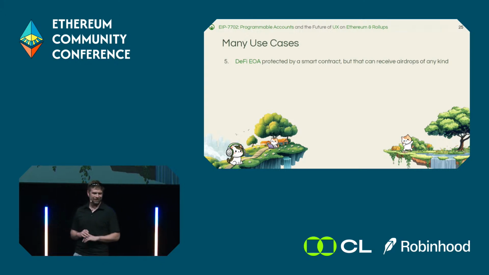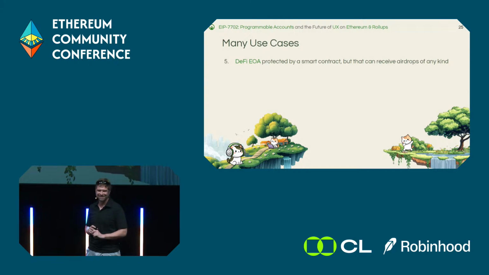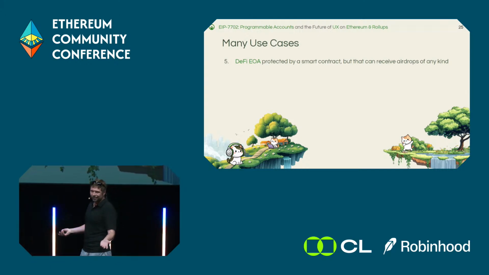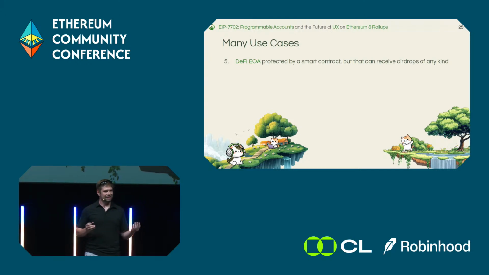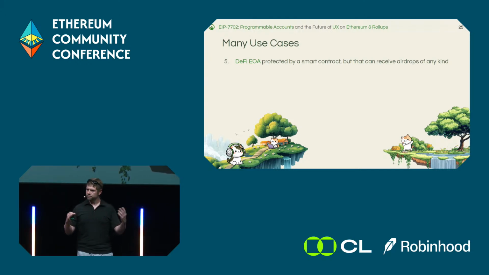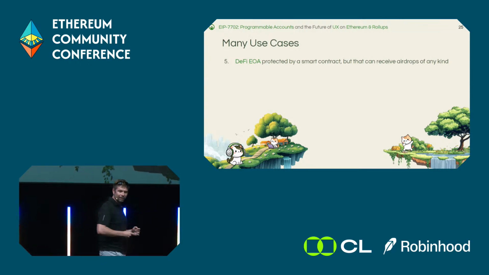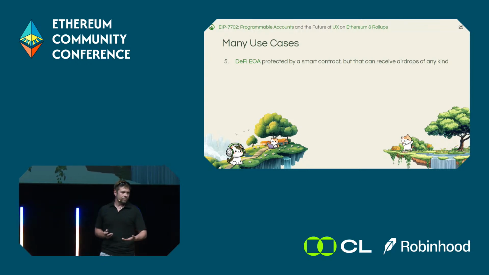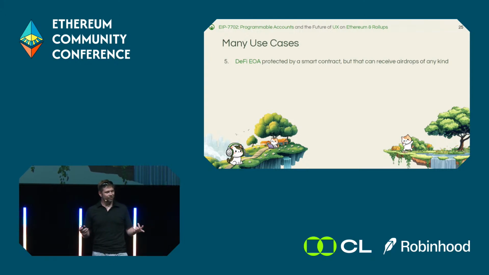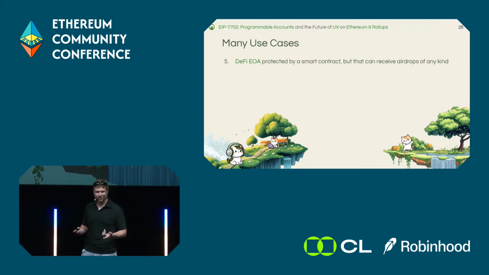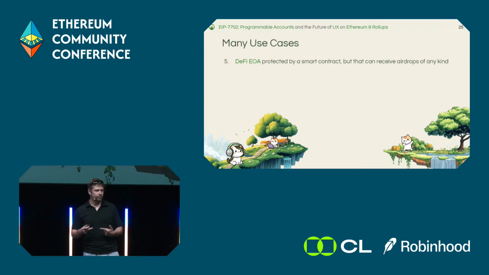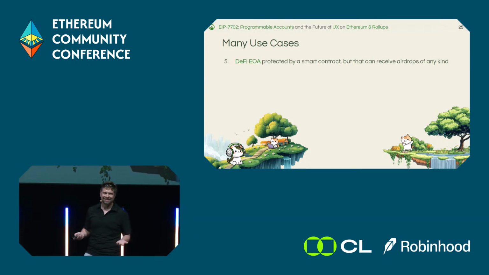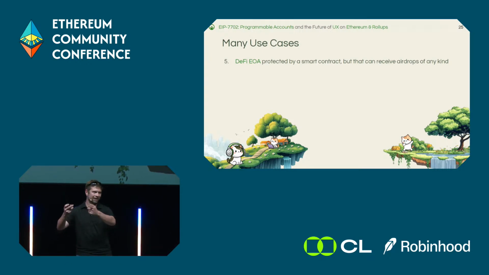In general, I'm actually a huge fan of DeFi. The 2020, 2021 years were the years that I really, really loved, and life was amazing. I like to interact with DeFi protocols through smart contracts and scripts because they allow me to simply execute multiple complex actions. But whenever I would interact with DeFi protocols through a smart contract, I would always have to make sure that my smart contract is implemented in a way that if in the future it receives some sort of exotic assets, like from some future airdrops, I will be able to extract those assets.